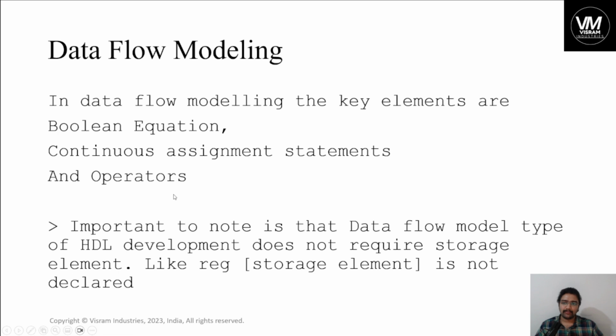So, data flow modeling. In data flow modeling, the key elements are Boolean equations, continuous assignment statements, and operators. So what are these three things? Boolean equation, we already know. Many of you are from an electronics background, I suppose. A Boolean equation is the functionality of a circuit in terms of an equation derived from the truth tables of that circuit or the logic cells.